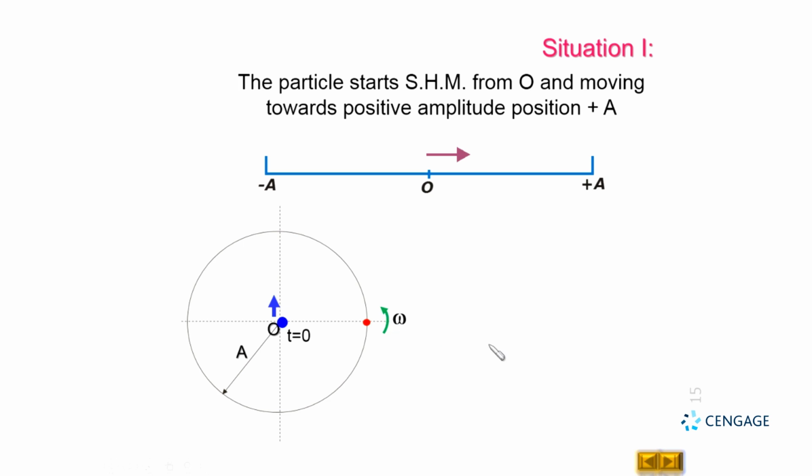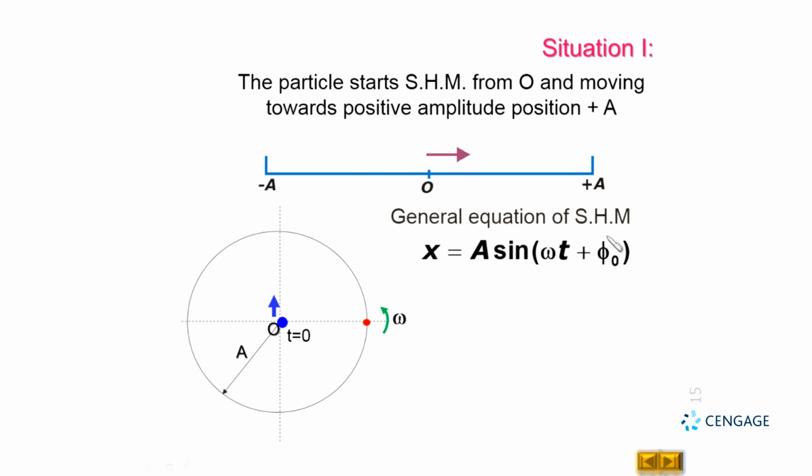Now, we know the general equation of SHM, x equal to A sin(omega t plus phi naught), and phi naught is the initial phase. For finding the phase, we need to join the point on the circle to the center of the circle and find the angular position of that line.